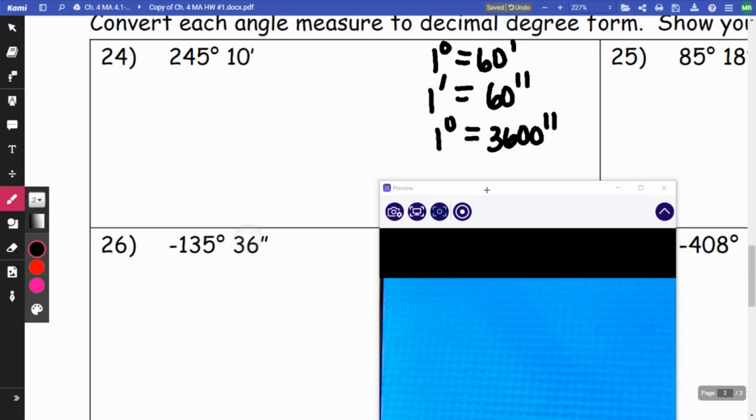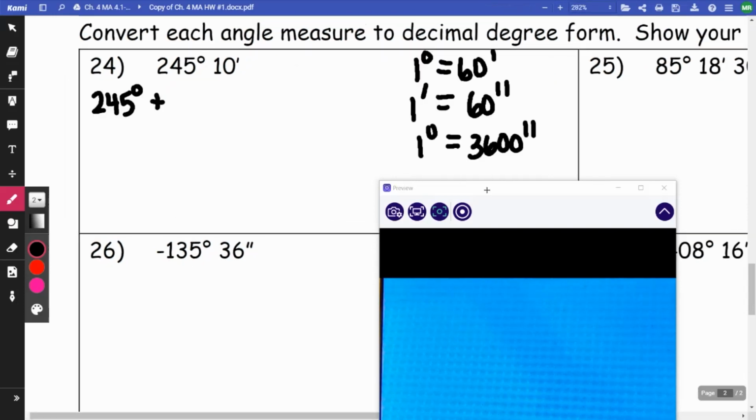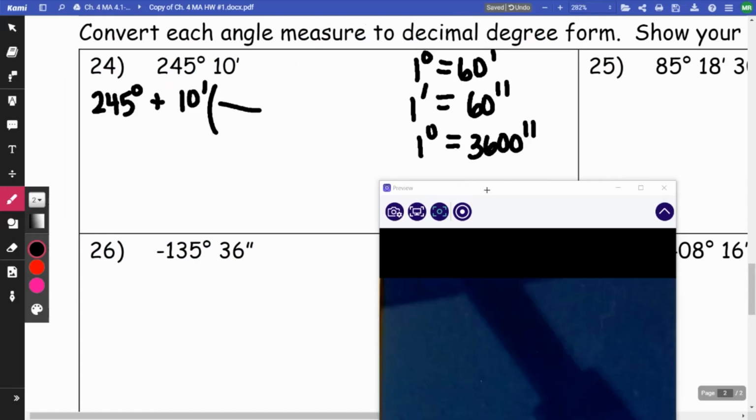I'm going to start us off by using the idea of a big 1 at first for these. That's from Integrated 1. So 240 degrees is going to add with 10 minutes. I'm going to try to change my 10 minutes into degrees. I know that 1 degree is the same as 60 minutes.